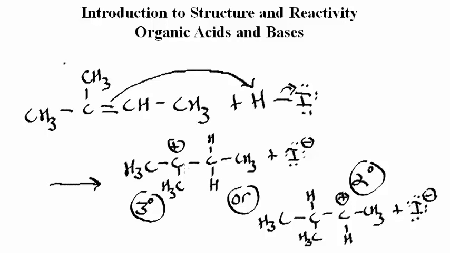In this case, it would be this tertiary. But this example is mainly just to show how pi electrons can act as Bronsted-Lowry bases, not just considering lone pairs or non-bonding pairs of electrons on molecules.